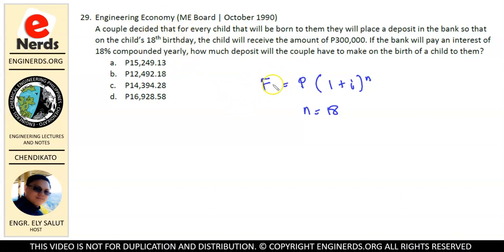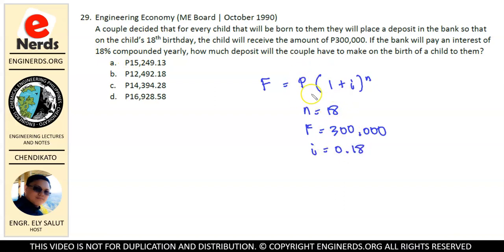So we want the amount 300,000 when it reaches 18 years, so that means our F is equal to 300,000. And then we have an interest of 18%, so our i is equal to 0.18.